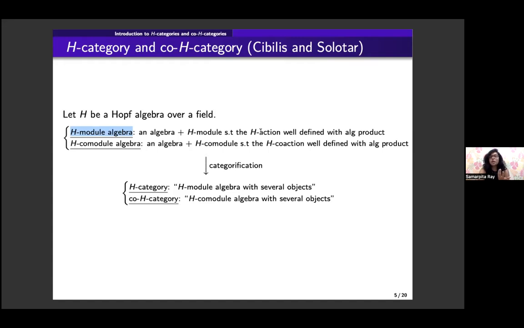From now on, the H category and co-H category will be the categorifications of these 2 concepts. You can also think of an H category as a category enriched in H modules, and a co-H category as a category enriched in the monoidal category of H co-modules. I didn't make the big explicit definition, which would be too much.